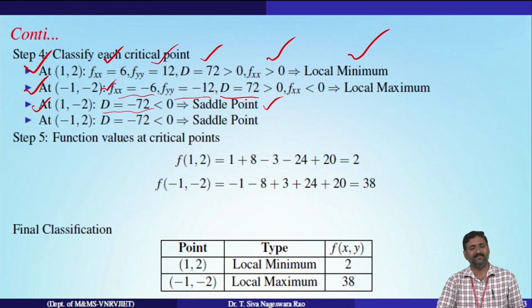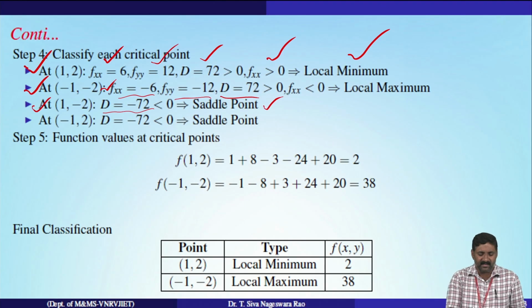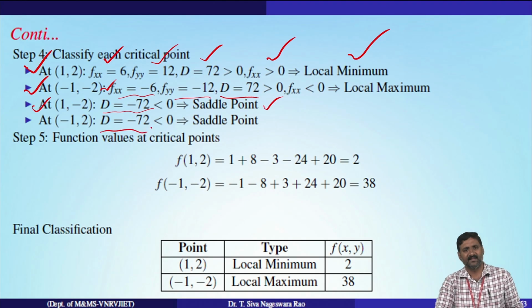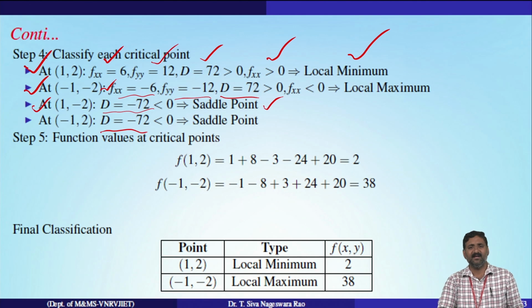Substitute in place of x with minus 1, in place of y with 2 in second order partial derivatives. Find out the value of capital D. D value is minus 72. Clearly it is less than 0. Hence the function will have neither maxima nor minima. So the point is called saddle point.